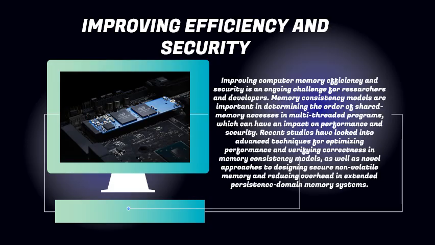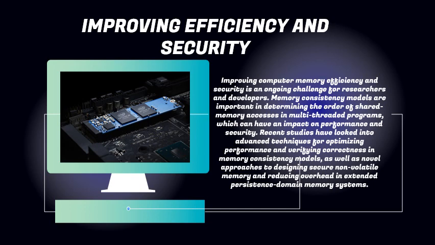How to improve efficiency and security. The continual enhancement of computer memory efficiency and security remains a persistent challenge for developers and researchers. Memory consistency models play a crucial role in determining the order of shared memory accesses in multi-threaded programs, thereby influencing performance and security.